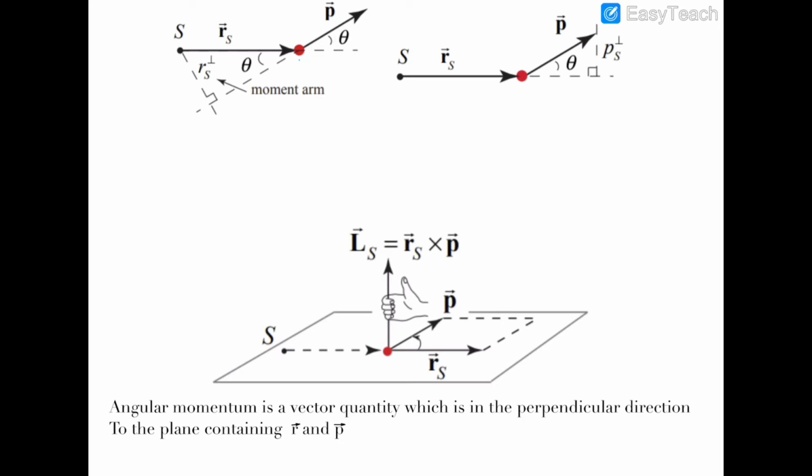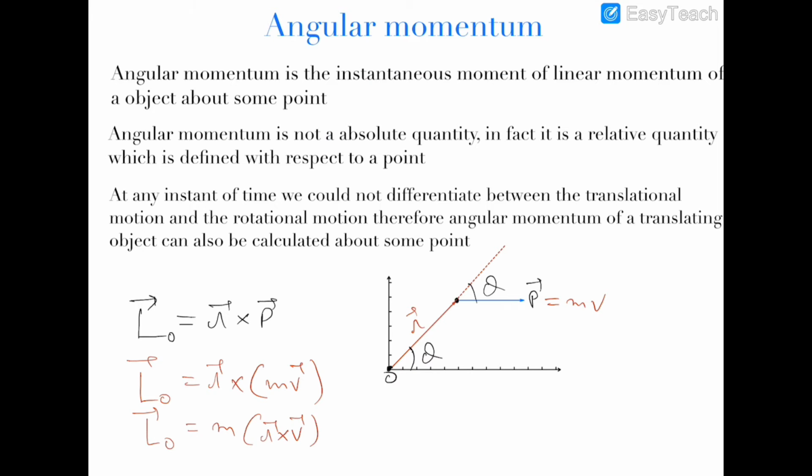Now we know that angular momentum is defined as L is equal to r cross p, and therefore its magnitude would be r p sine theta times L cap, where r p sine theta is the magnitude of the angular momentum and L cap is the direction.